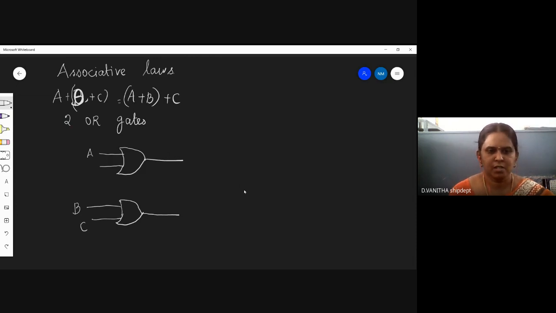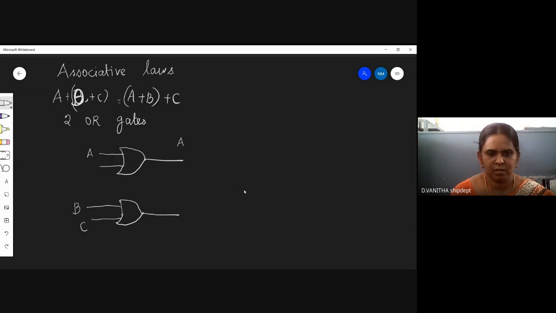Okay. So here we have to take this. This is A only, so one input will be taken like this. So only one gate is like that.